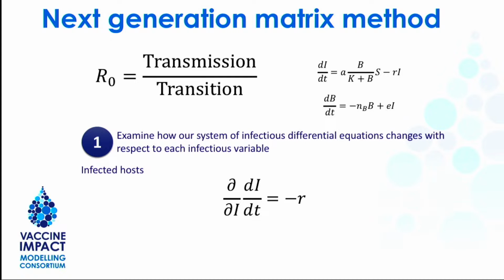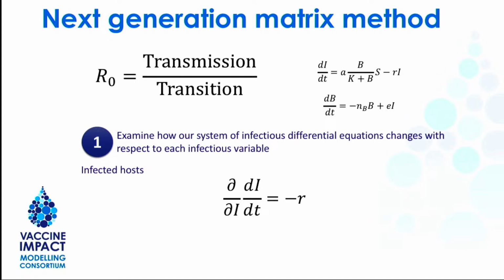Okay, so we've got a slightly different notation here. We've got these curly Ds. That's only suggesting that we're doing partial differentiation. But what are we really doing here? We're doing exactly the same thing that we did with our other differentiation. We are asking, how does this equation here change with respect to a change in I?